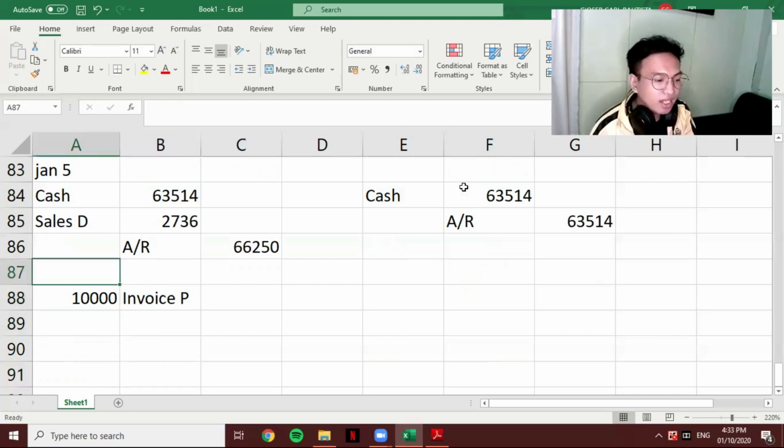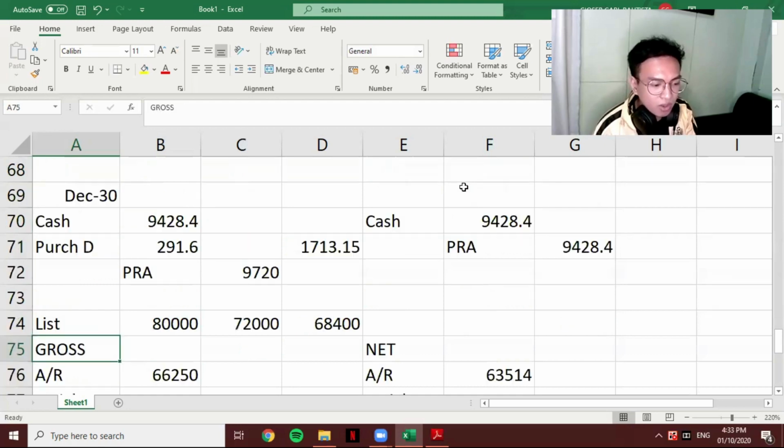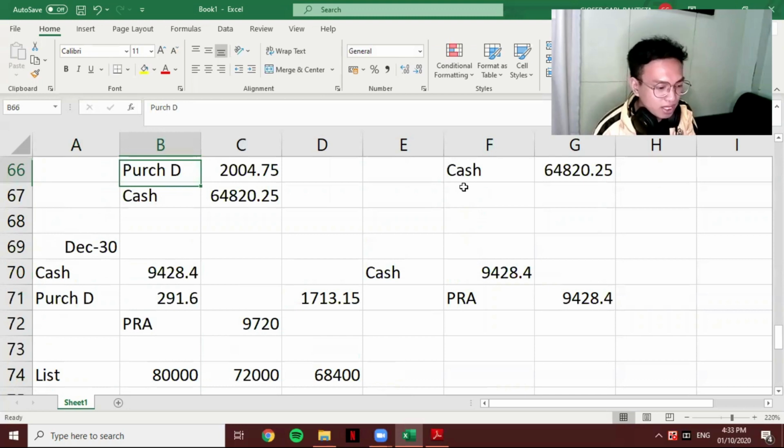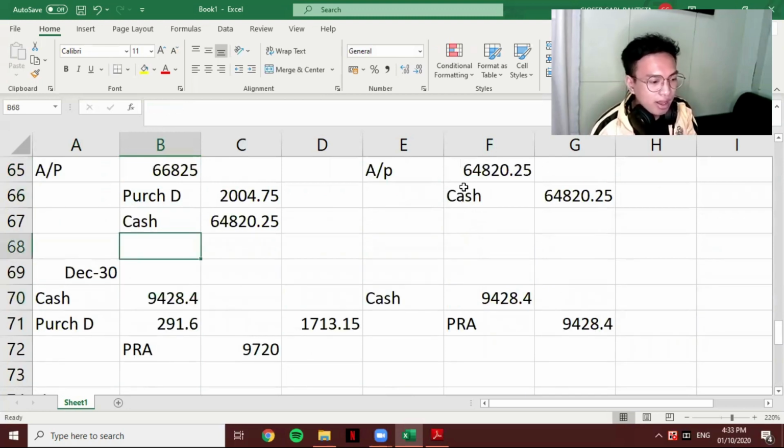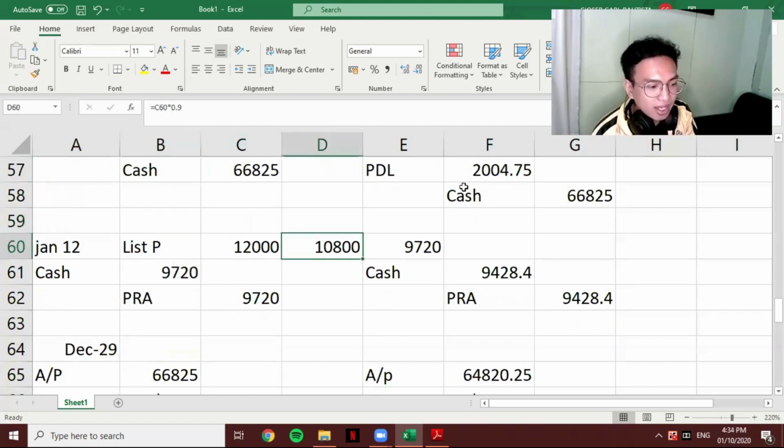Yung ginawa natin kanina kay purchase, na nagkaroon ng purchase discount at returns, binawasan natin si 12,000 since ang binigay natin ay list price. Binawasan natin ng 10% and 10% ulit to get 9,720. Kasi nga, list price ang assumption natin ng return.